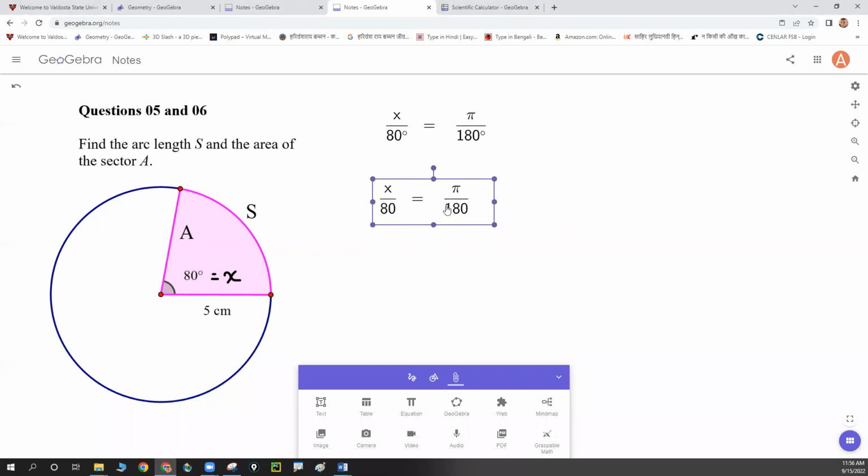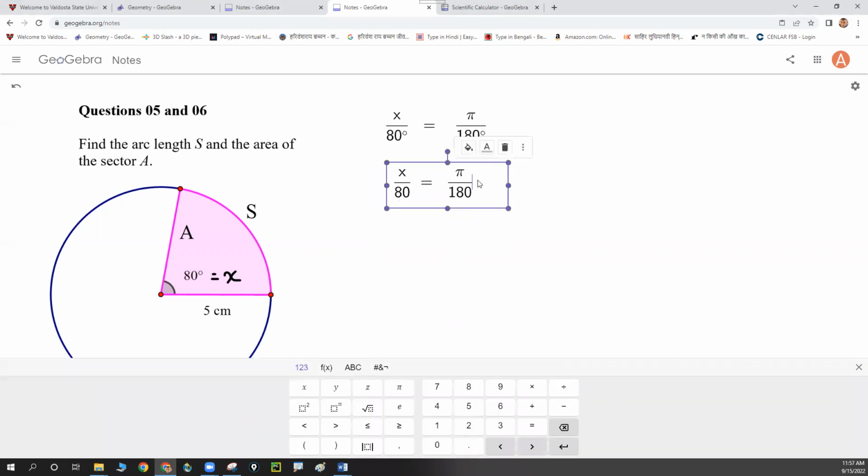I have to multiply both sides by 80. How do I do that? Very easy. You write 80 here. And when you multiply the left-hand side by 80, you only have x. And here you can cancel the zeros. You're going to get pi over 18.